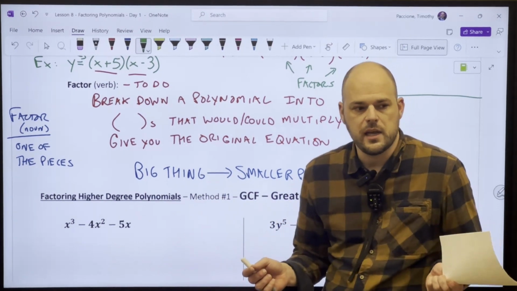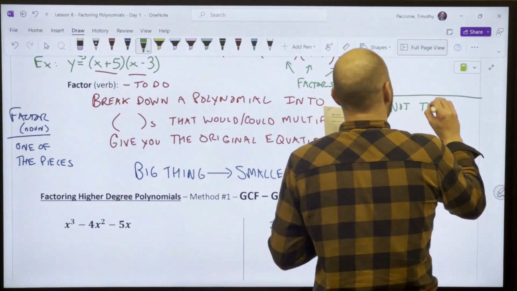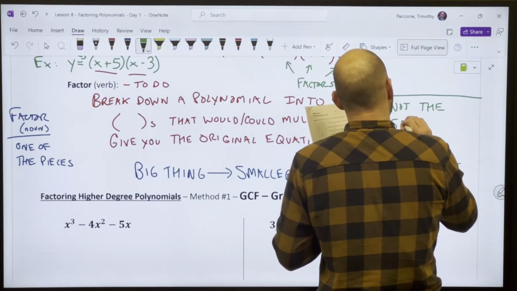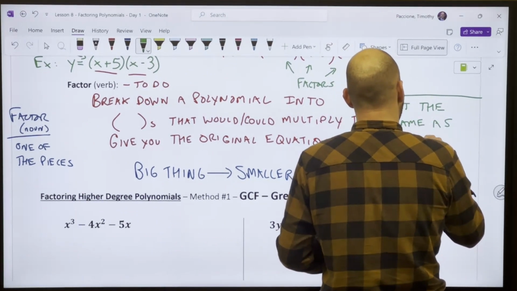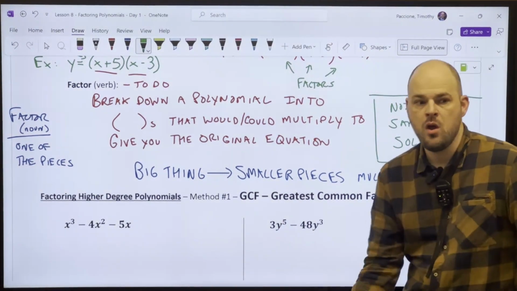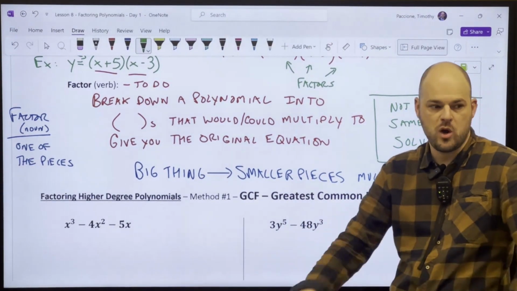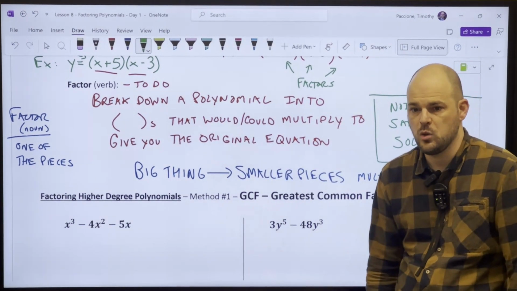Factoring is just breaking it down, right? So I would just write not the same as solving. When I'm solving, I'm setting y equal to 0. I'm doing zero product property. I'm trying to figure out what x is equal to, right? Here, I'm just breaking it down, okay?